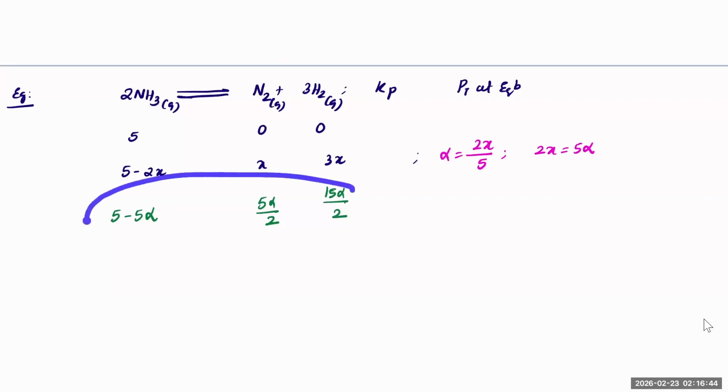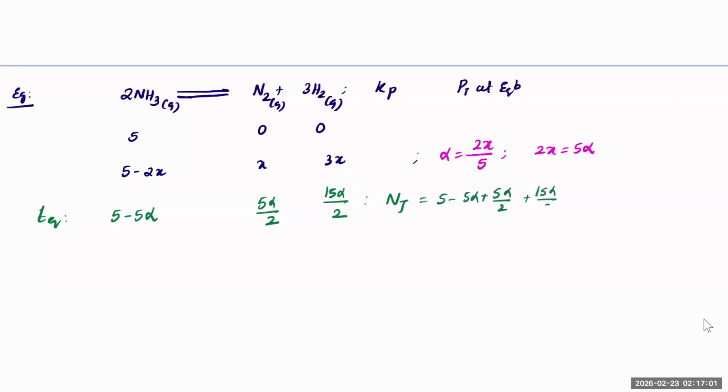Now these will be the equilibrium values at that point. So now what can I write? The total number of moles at equilibrium would be equal to 5 minus 5 alpha plus 5 alpha by 2 plus 15 alpha by 2. Correct. So that makes this completely 10 alpha here, right?